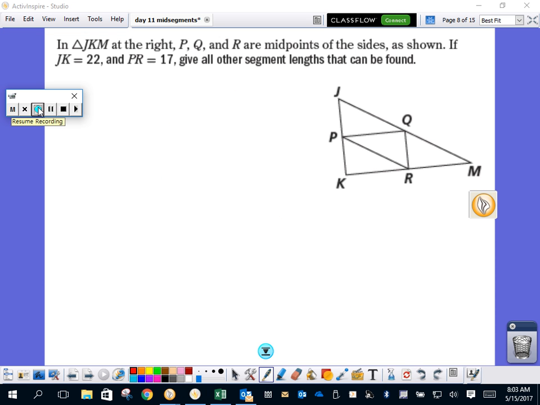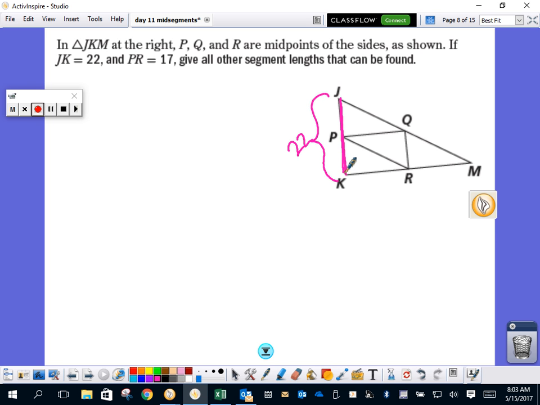So in triangle JKM, P, Q, and R are the midpoints of the sides as shown. Okay? JK is 22. Let's go label that. Pick a color, however you want to do it. J to K, 22. Before I move on, what side is parallel and goes with side JK?